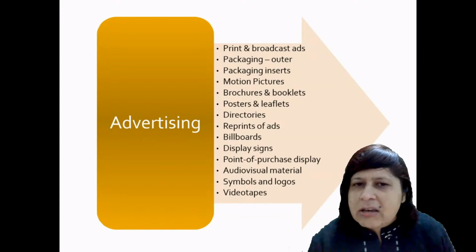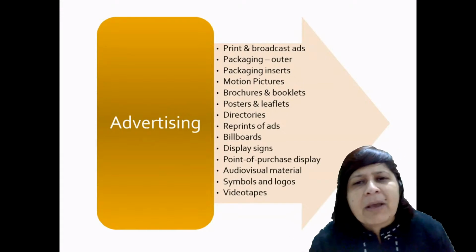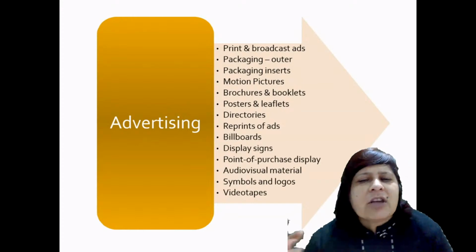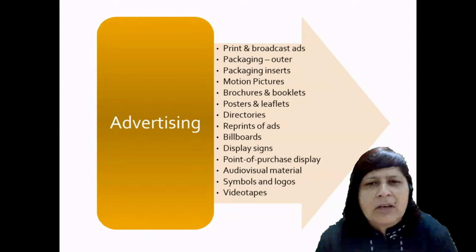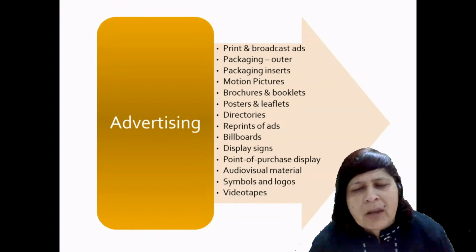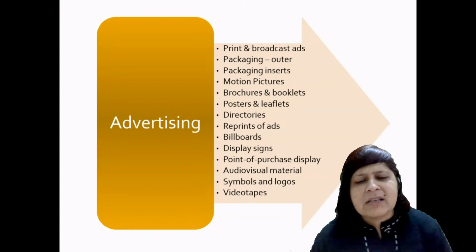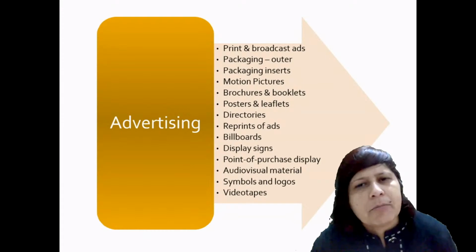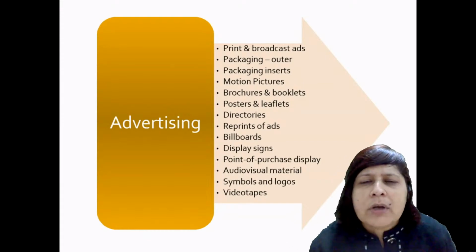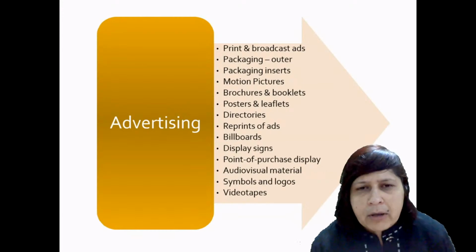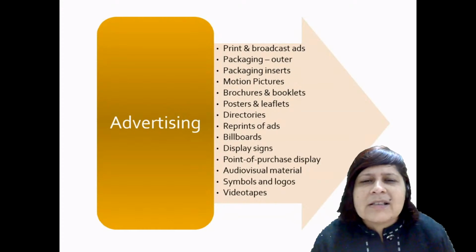Then the packaging inserts, right? In the packaging you might get various types of pamphlets or advertising material. Through motion pictures, companies advertise their products. Brochures and booklets, right? They give you some brochures and booklets, and through them they advertise their products.